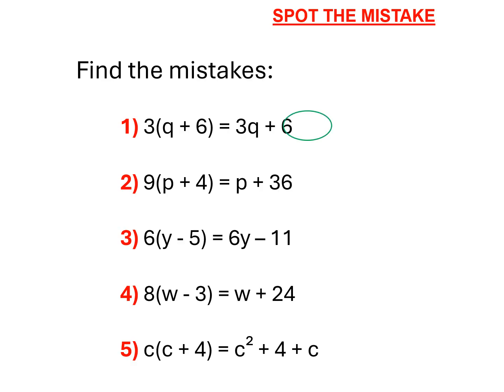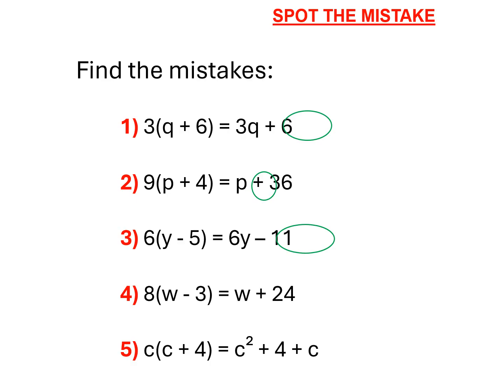You have the same, it's the same thing throughout. Just to show you that you got to multiply everything in the bracket by the operation, right? So 9 got to be multiplied by 4. You got to multiply the first term and the second term. Negative times positive. 6 times negative 5 is a negative.